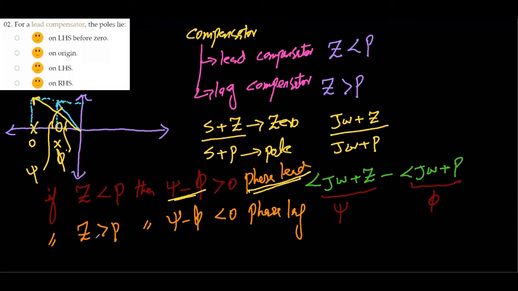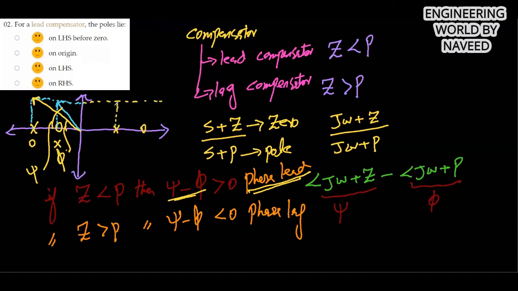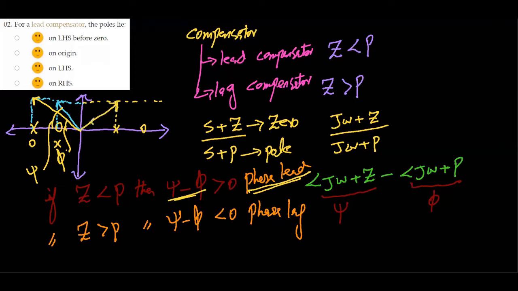And if zero is greater than pole, like here you have pole and here you have zero, then the curve will be like this. This is phi, and this angle is psi.